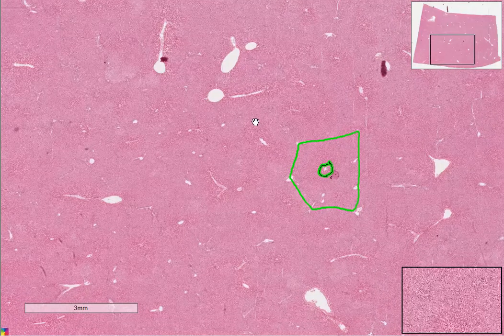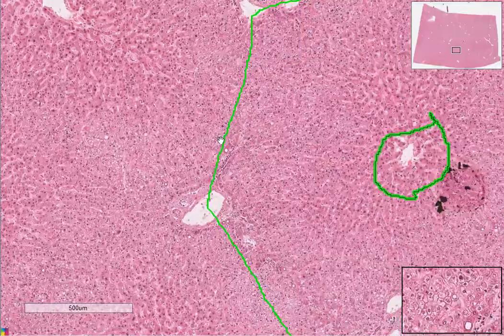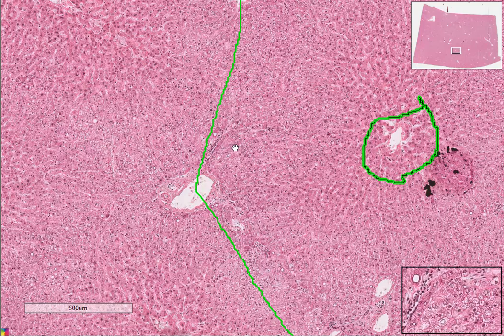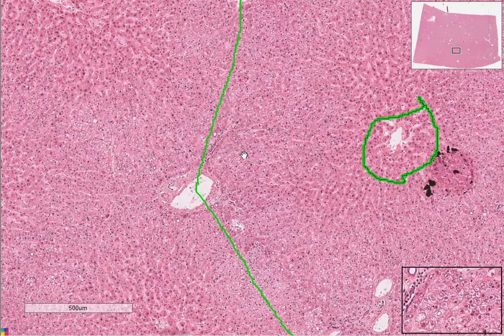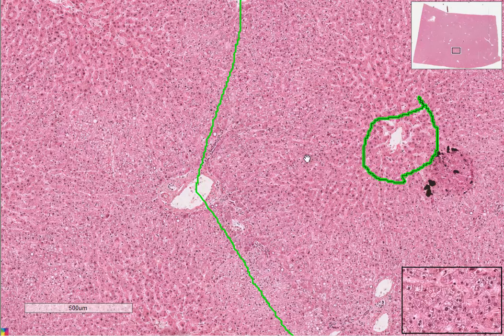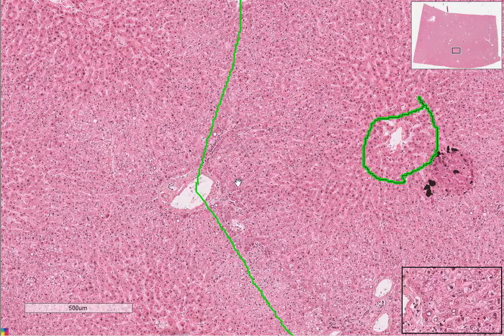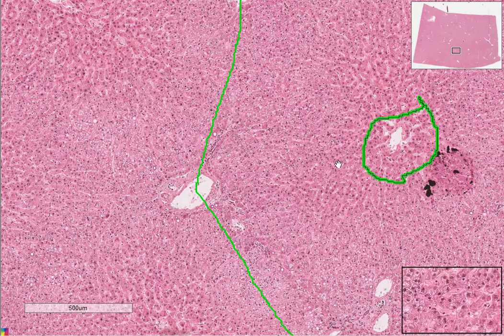So bile flow first is in the opposite direction, flowing from the central vein outward, but arterial flow is from the portal triad towards the central vein.